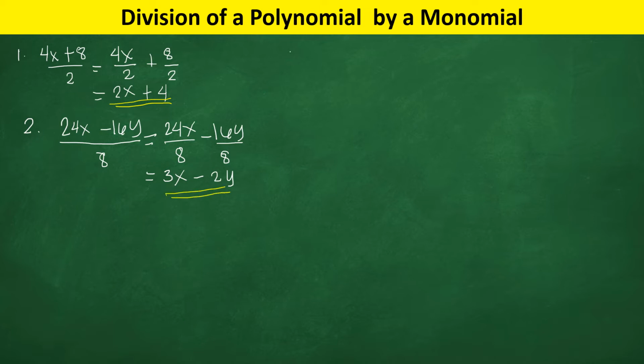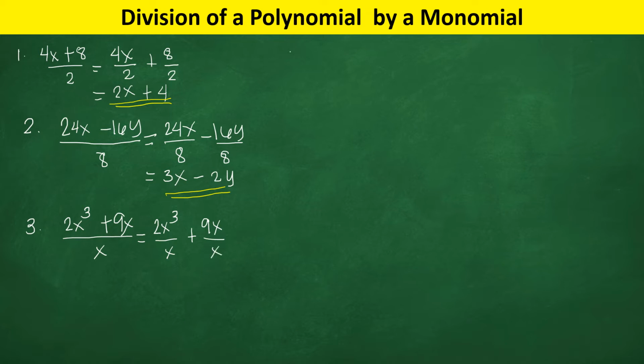So let us have now another example. If we have now 2x cubed plus 9x divided by x. So again, break down this polynomial into monomials. Okay? So just copy 2x cubed divided by the denominator x, plus copy the numerator 9x, divided by copy the denominator x.